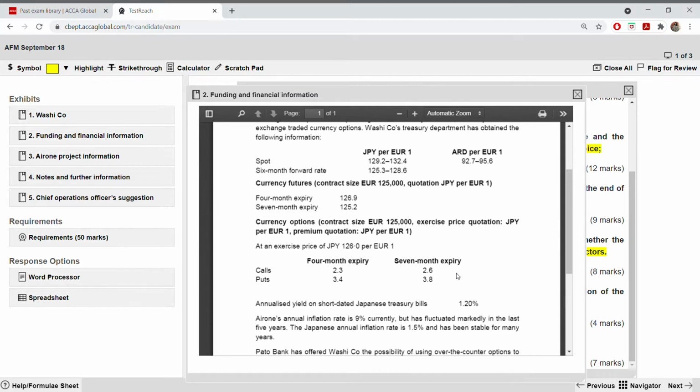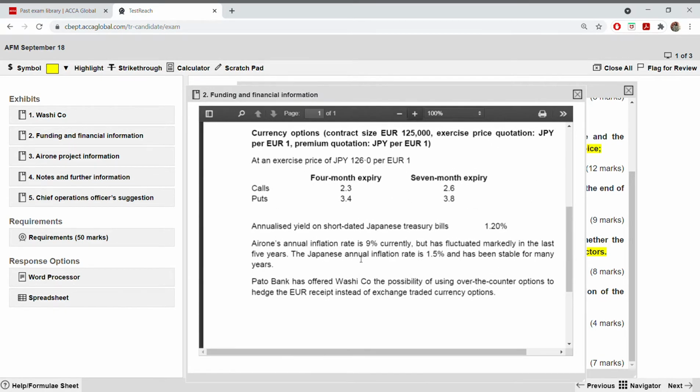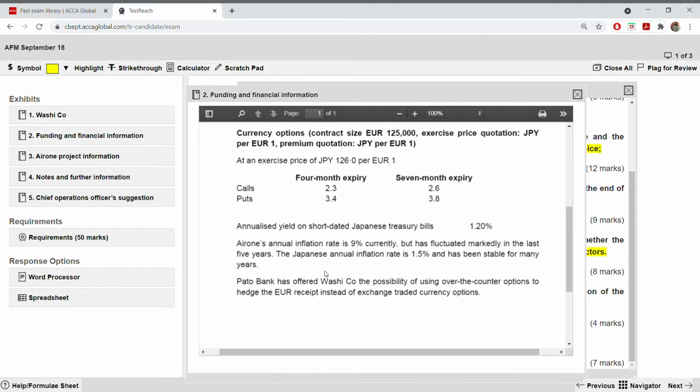You can zoom from here, just press the plus sign. So inflation is given. AR1's annual inflation is 9%. The Japanese annual inflation has been stable for many years over the last 5 years.